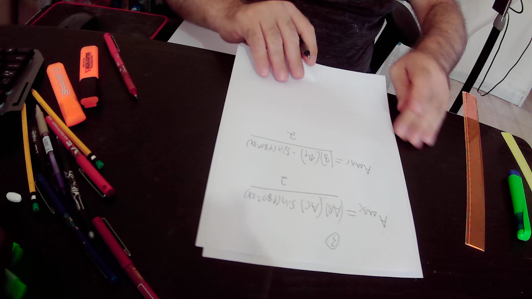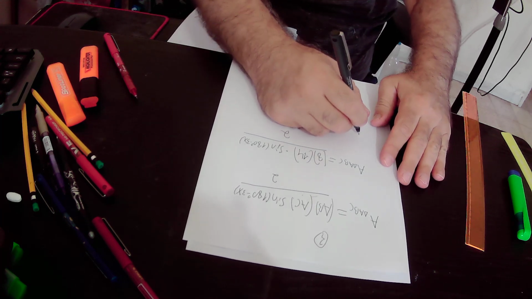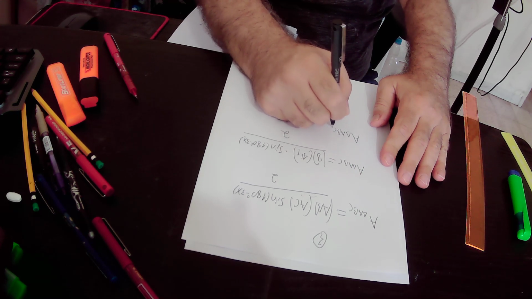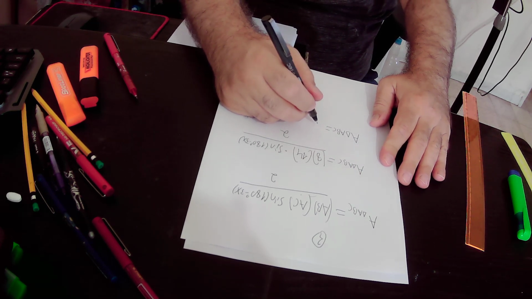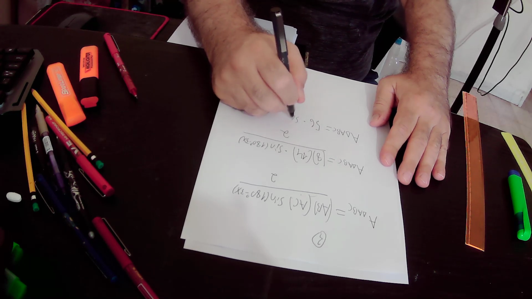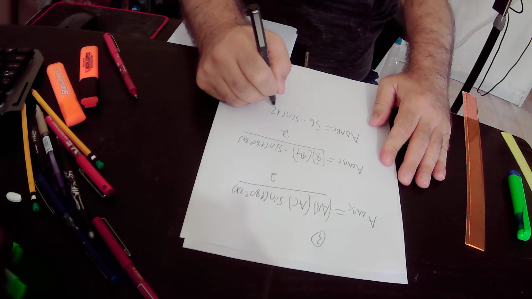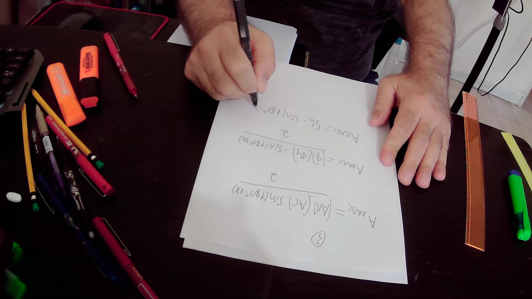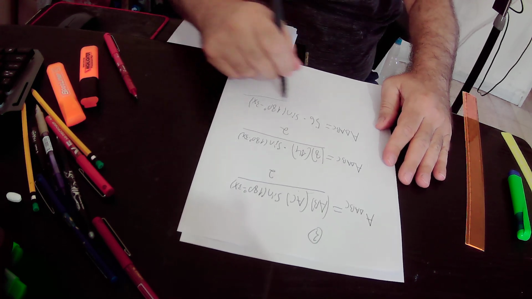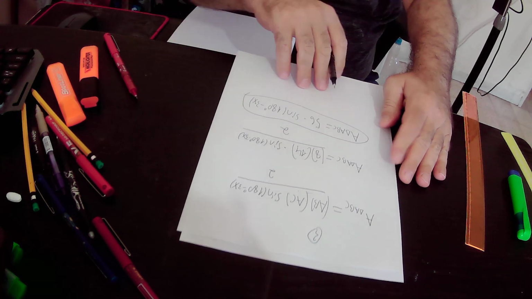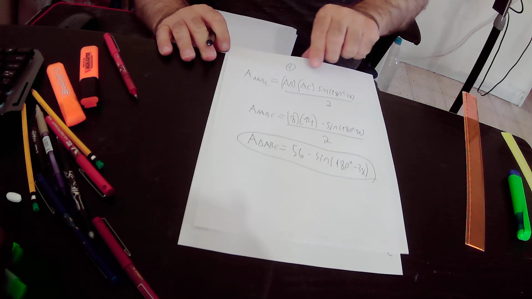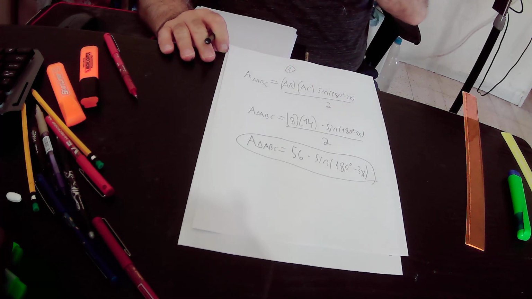We will get that the area of triangle ABC equals 56 times sine of 180 degrees minus 3x.